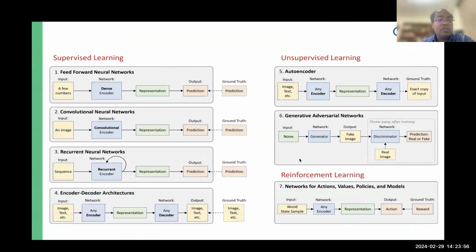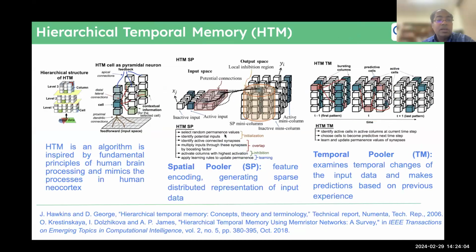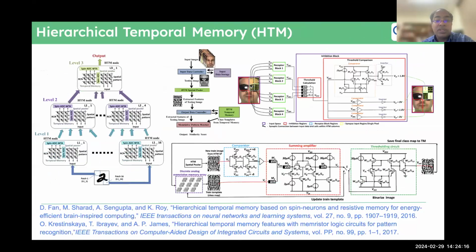And likewise, we can think about various different kinds of neural networks to be built. And that's what we have been exploring. Can we do HTM circuits, for example, which has temporal pooler and spatial pooler, and can we build all these configurations and find certain applications like in face recognition?